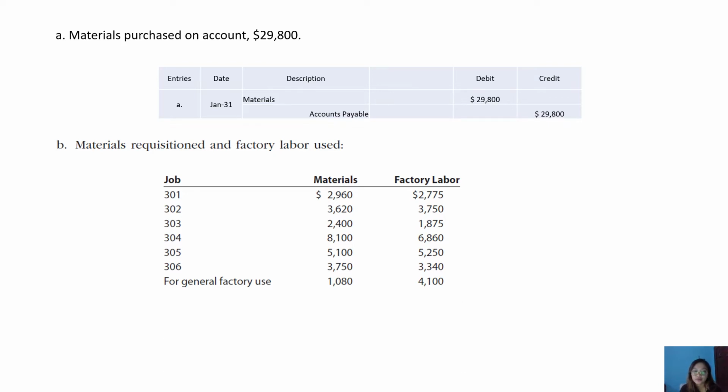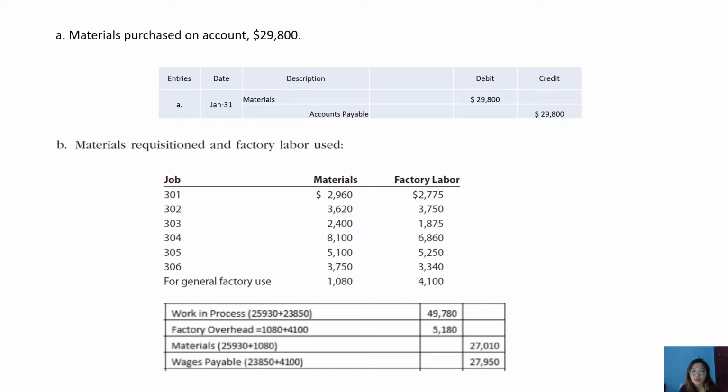So the journal entry for this is to debit the work in process amounting to 49,700, and then also debit factory overhead amounting to 5,180, and then credit materials 27,010, and then wages payable 27,950. In order to get this amount, we should total all the direct materials that have already been issued for production, and then all the direct labor.